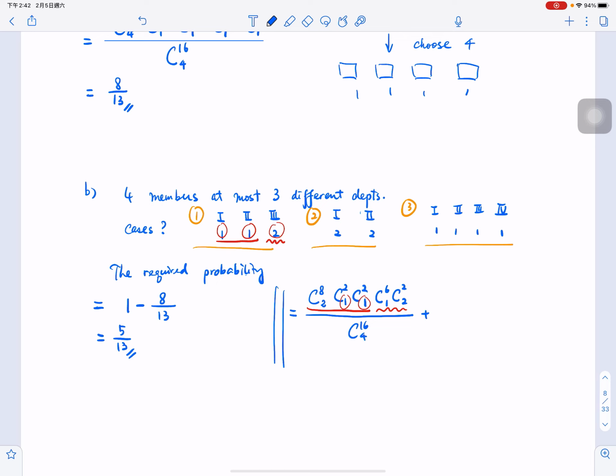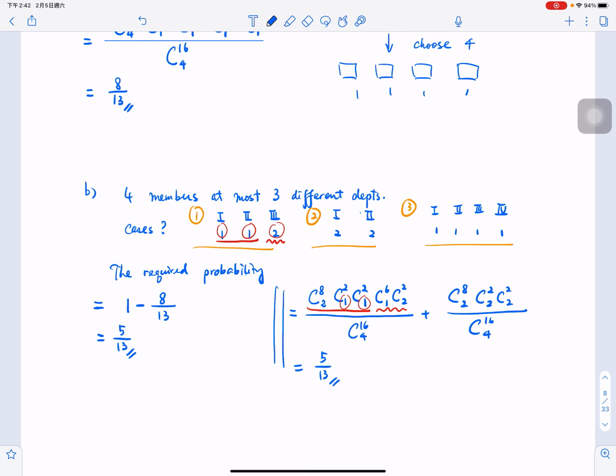And the other case is 8C2 as well, where all of 2 of these 2 departments will be chosen. So you add up these 2 probabilities, you get 5 over 13. Still get the same answer, right? Understand?